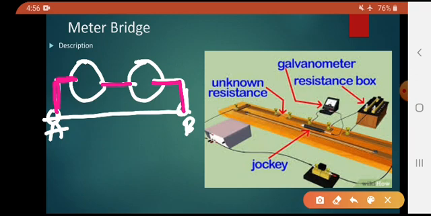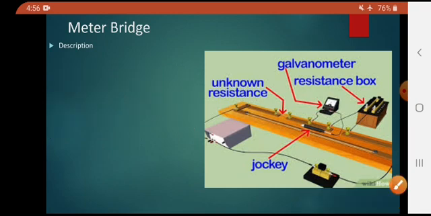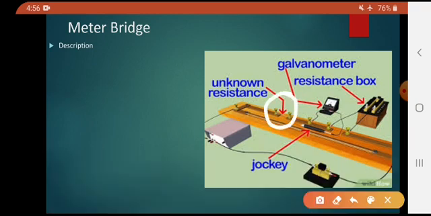So you can connect the known resistance and unknown resistance in between these two gaps, G1 and G2, and a galvanometer is connected from the middle strip. Here you see gap 1 and gap 2, with one metal strip and another metal strip, and a third metal strip.